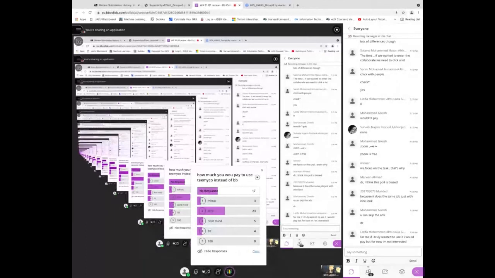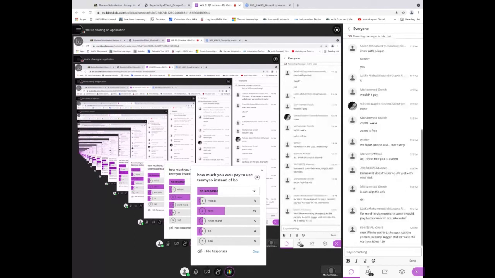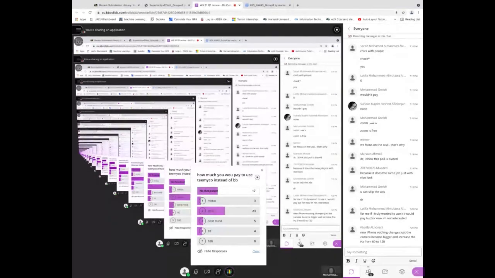Does that make sense? It's very interesting. Doctor, go ahead. I noticed the only thing in Teemyco that makes it easier than Blackboard Collaborate is that you can switch between the sessions and between the rooms easily, instead of choosing to leave the session in Blackboard and then going again to the tools page, which takes time.